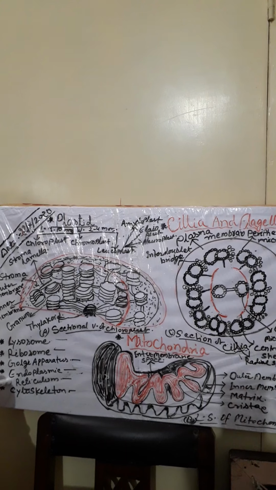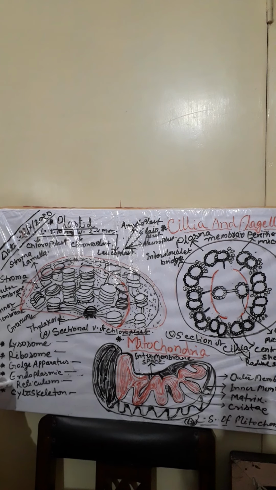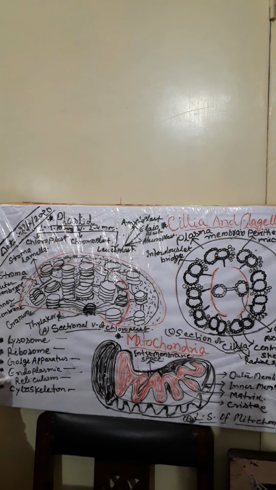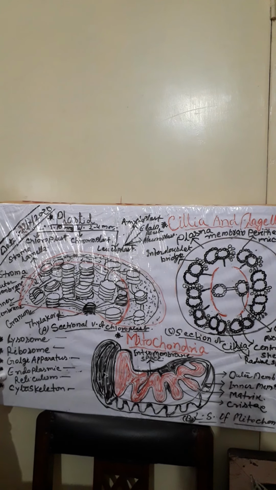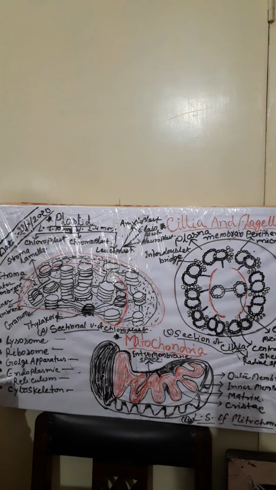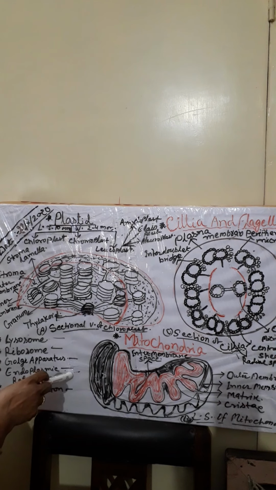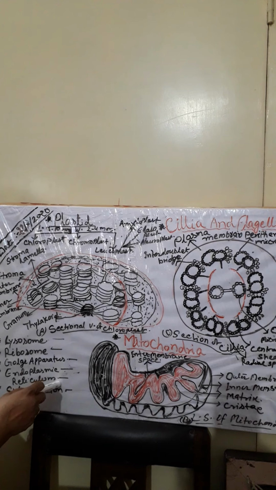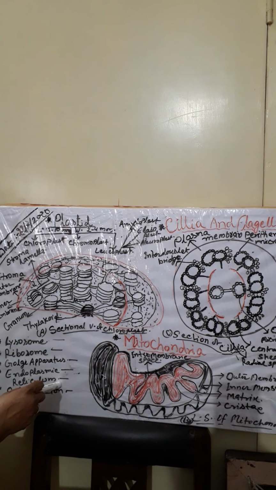So students, now we see the endoplasmic reticulum. These are tubular structures present near the nucleus and the periphery. They are connecting tubes between the nucleus and the plasma membrane or cell membrane.